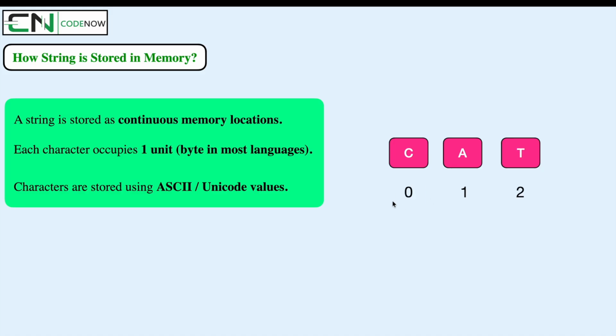Consider the address of C is 0. The next immediate integer is 1, therefore we store the character A at address 1. Similarly for the rest. That's how we store strings in memory.